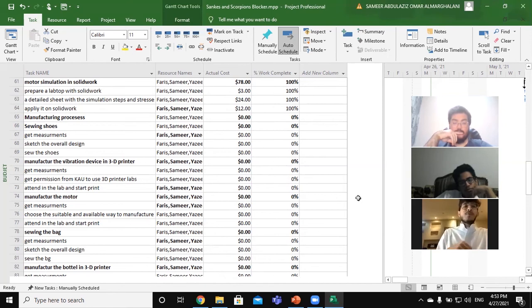And this is our budget in MS project. Now, Sameer, please go to the resource sheet also in MS project.